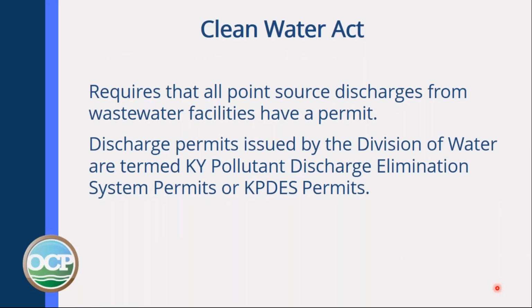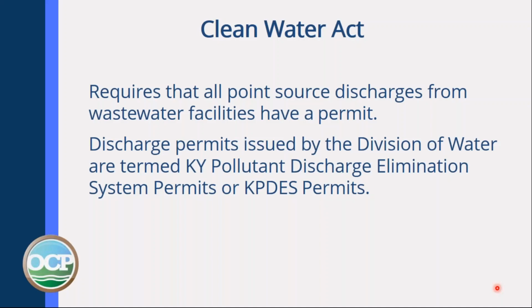The Clean Water Act was a federal statute that established that any wastewater facility that discharged from a point source must have a permit. These discharge permits are issued by the Division of Water and are termed Kentucky Pollutant Discharge Elimination System Permits, or KPDES permits.